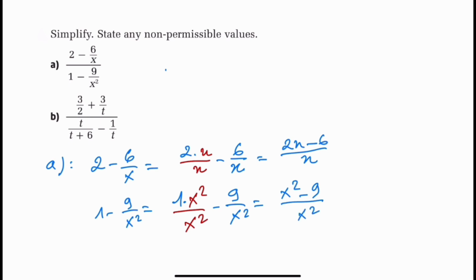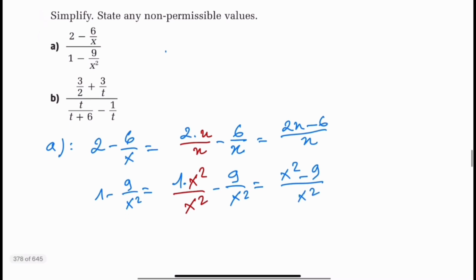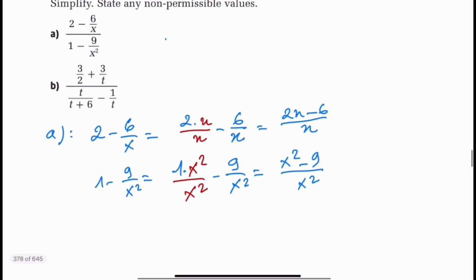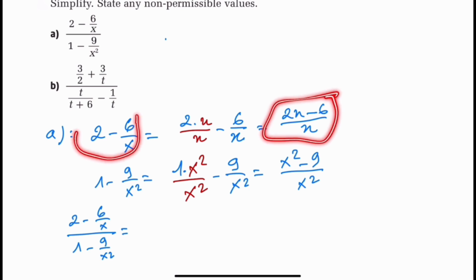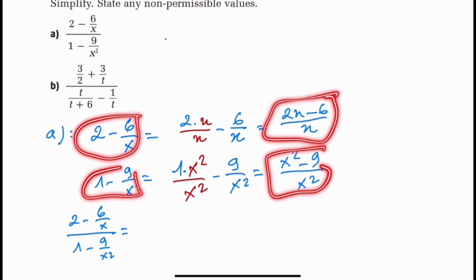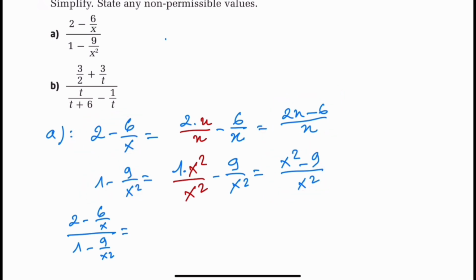Now I can combine both expressions in a single one. So same thing, 2 minus 6 over x divided by 1 minus 9 over x squared is equal to this one instead of this one, and this one instead of this one. So it is equal to 2x minus 6 over x divided by x squared minus 9 over x squared.